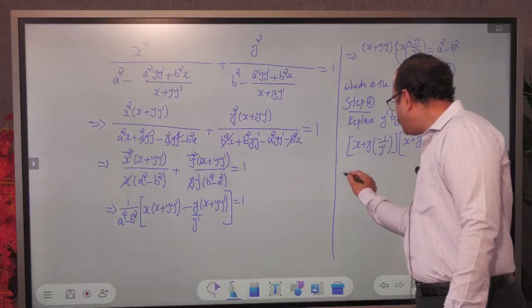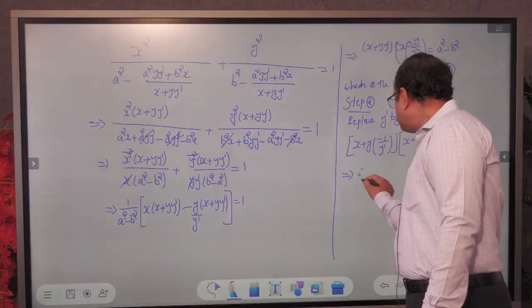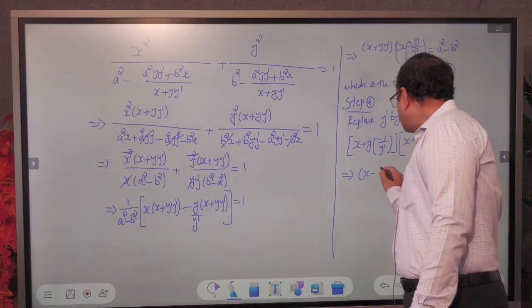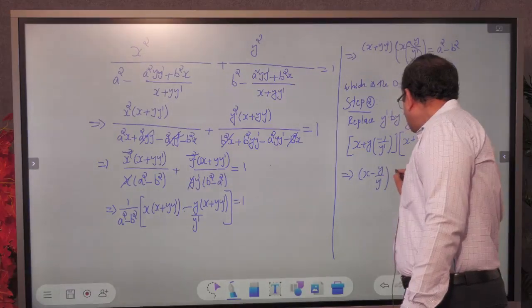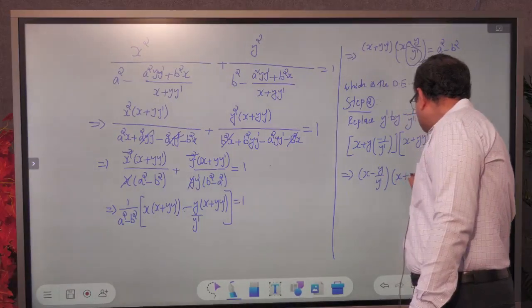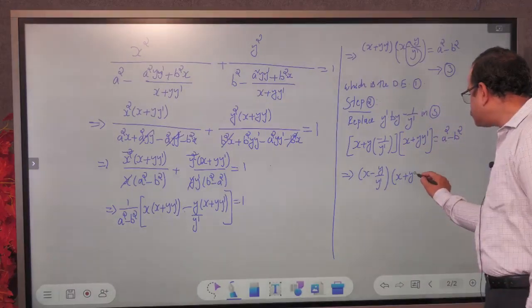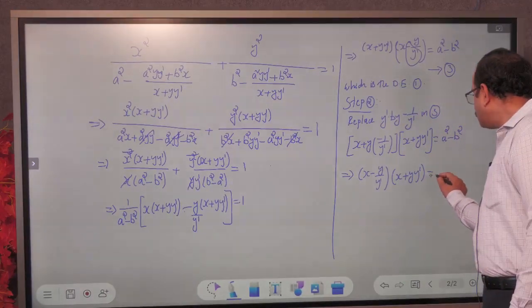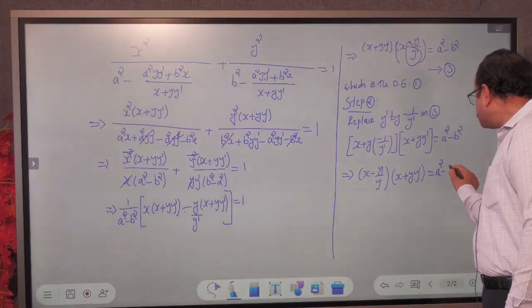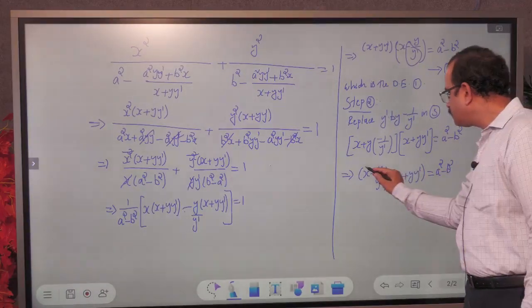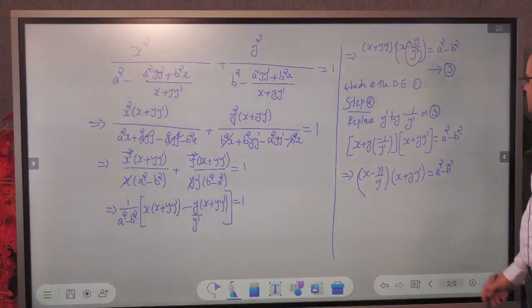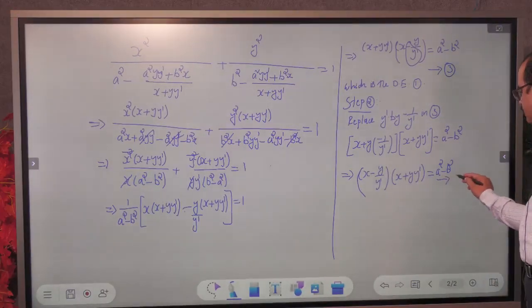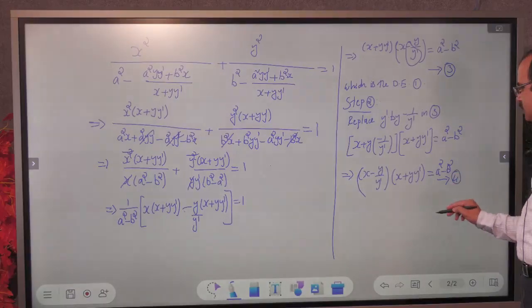Now this implies it is nothing but x minus y by y dash into x plus y dash is equal to a square minus b square. Okay, so therefore which is nothing but the differential equation of the orthogonal trajectory.